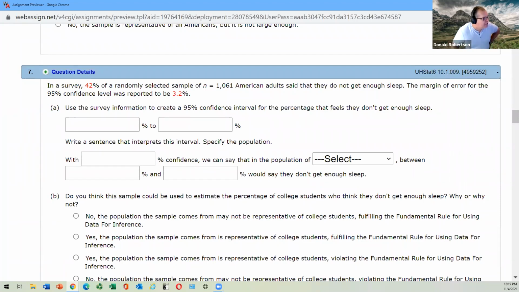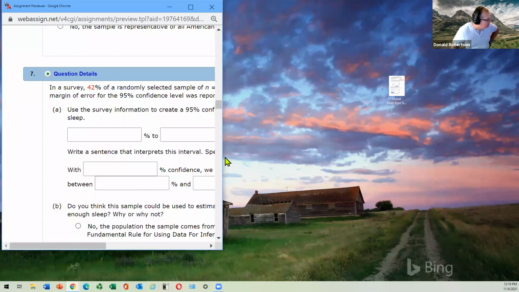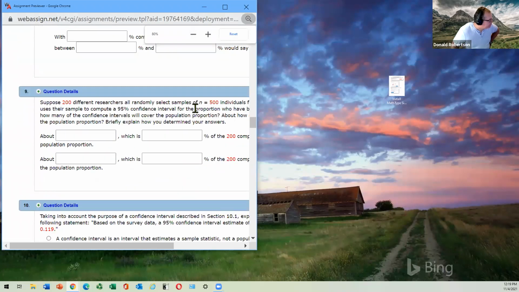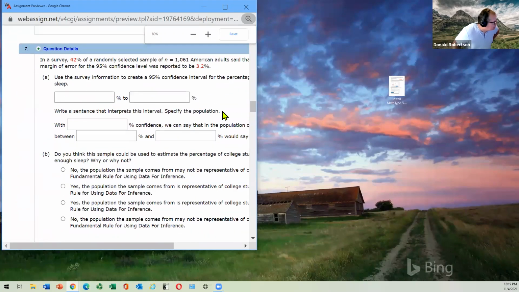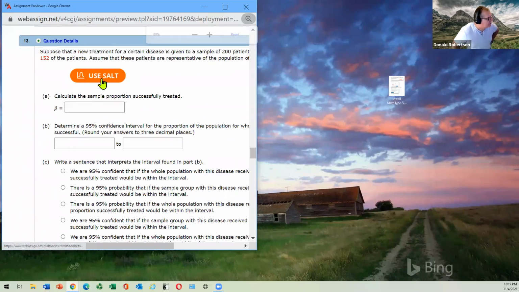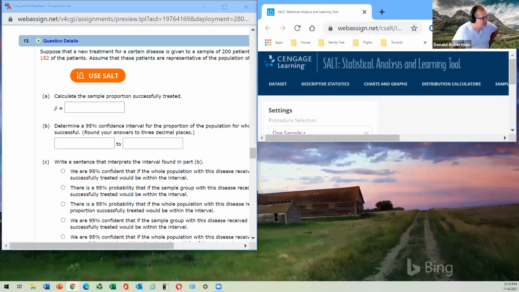Oh, I have an idea. This probably won't work, but if it does, I'm going to be really happy. Okay, so you are going to tell me, please, that you can see both these screens at the same time.